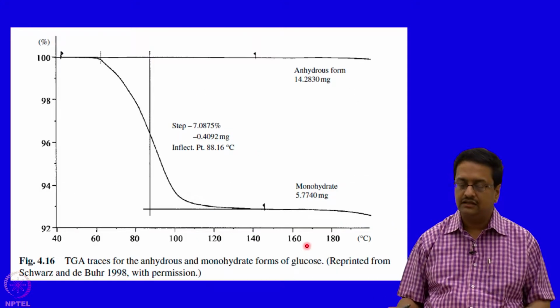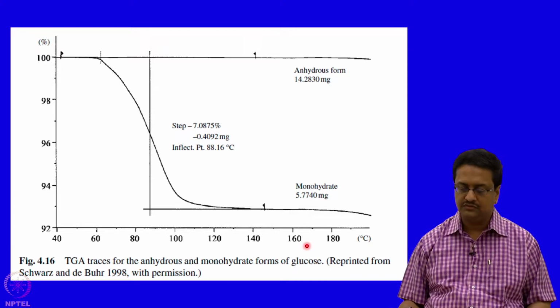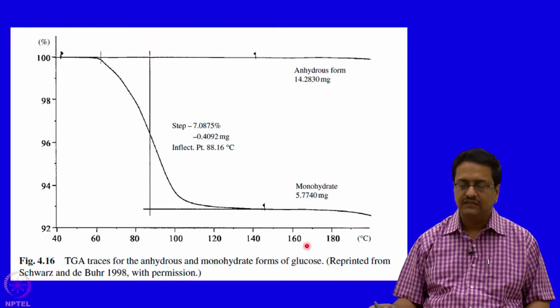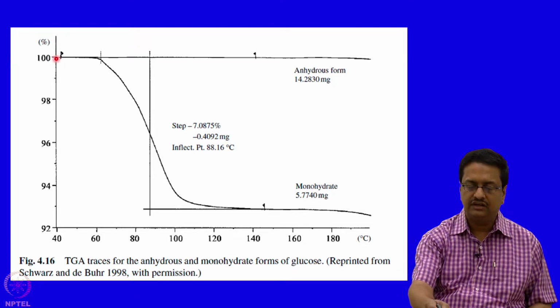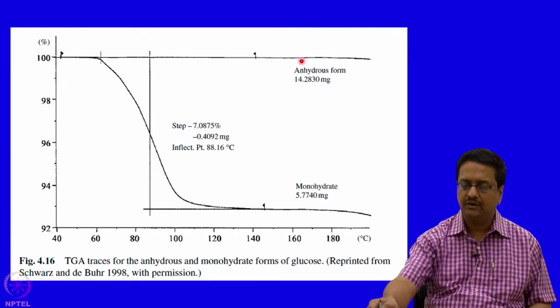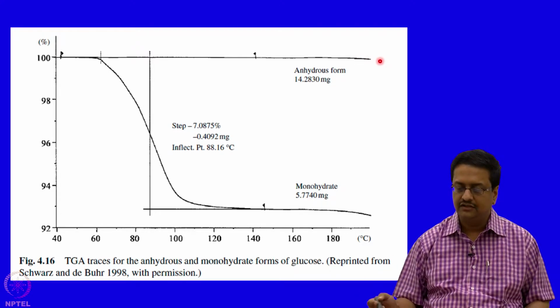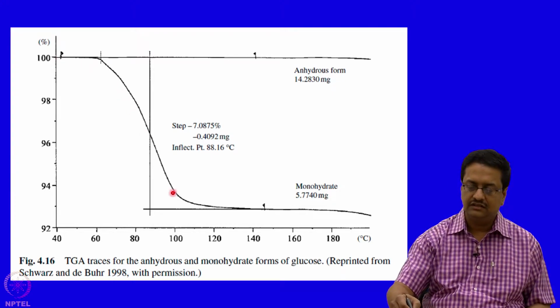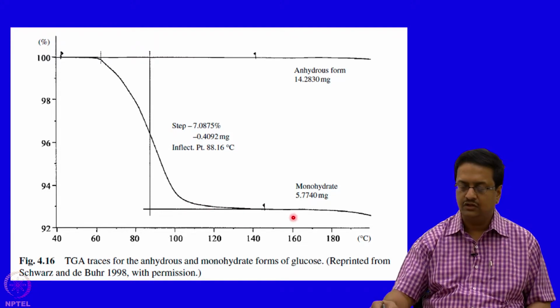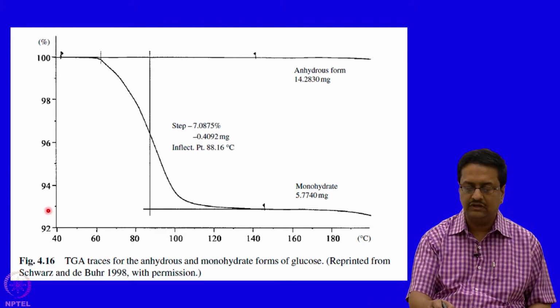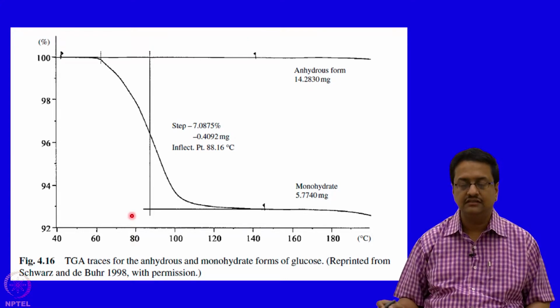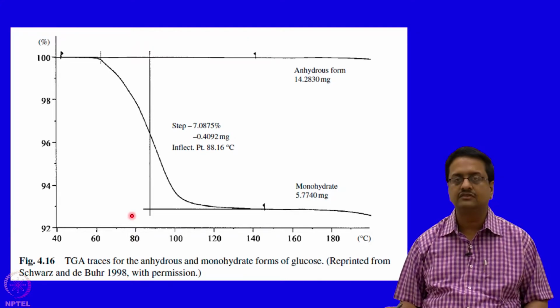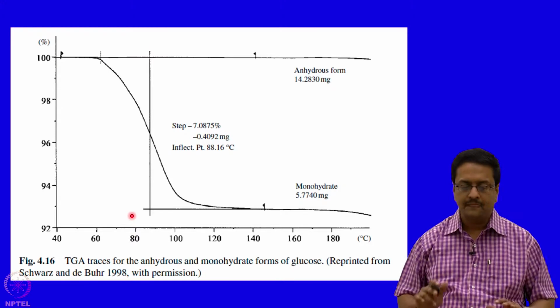So, here is the thermogravimetric trace for two different forms of glucose. The top one is the anhydrous form, which on heating does not lose its mass and it continues as a straight line, whereas the monohydrate of glucose on heating slowly loses one molecule of water and the mass of the substance is reduced to a lower value, about 93%, that is 7% weight loss corresponds to loss of one water molecule.